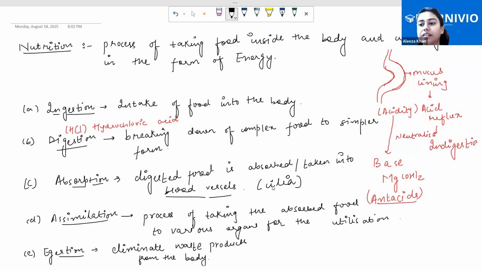It removes the waste products and the excess substances in the body, in the form of urea.